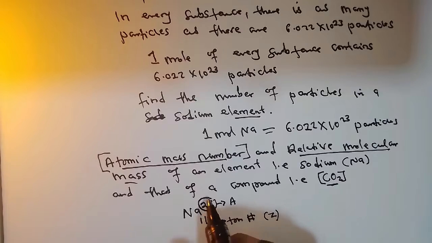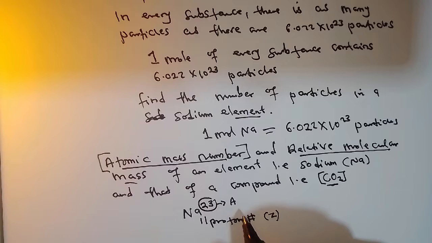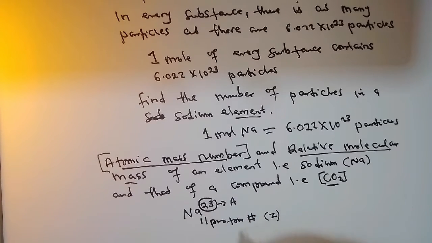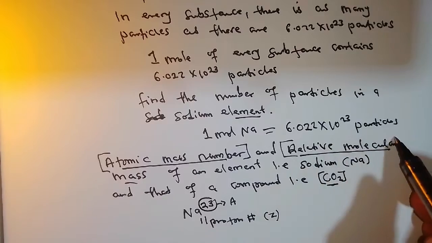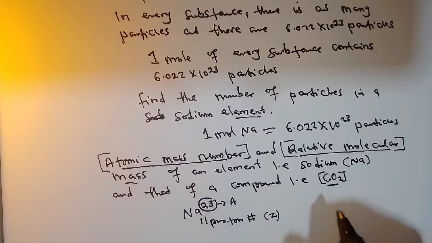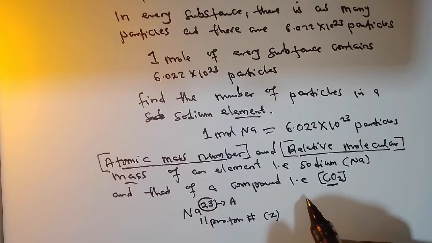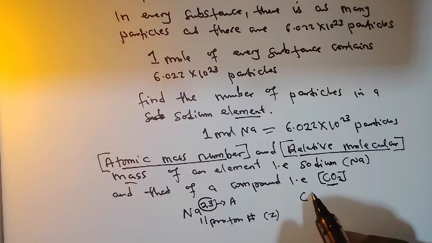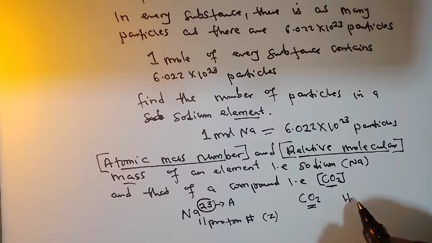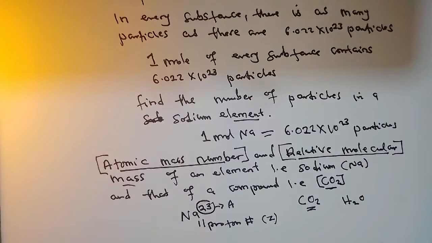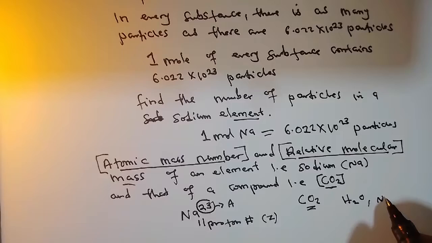So the atomic mass number of an element is just the individual relative mass number of sodium. However, when you're looking at the relative molecular mass, we are simply referring to something like a compound. In this case, carbon dioxide, water, as well as maybe ammonia.